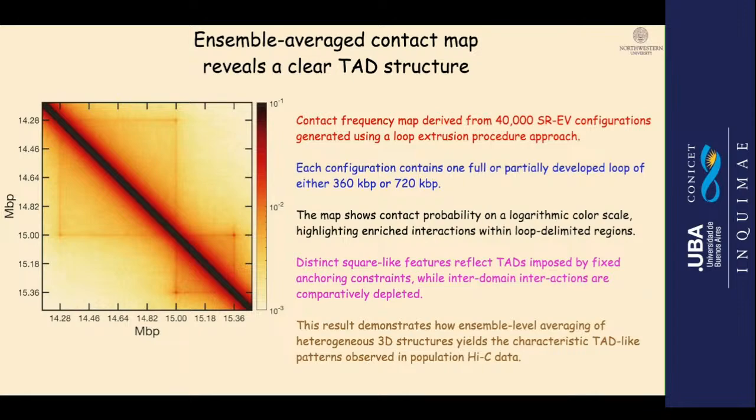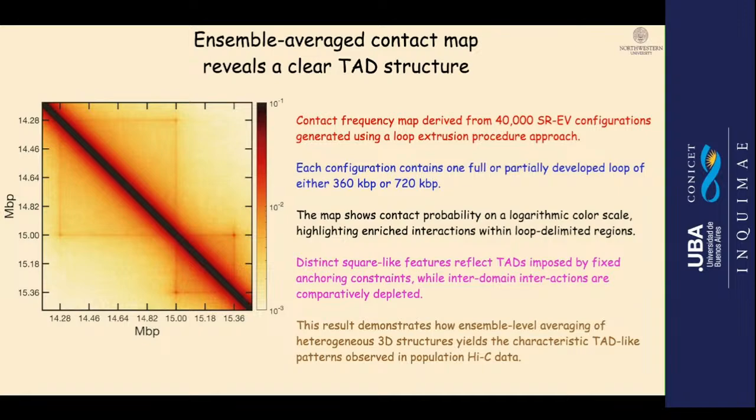The contact map uses a logarithmic scale to highlight enriched interactions. What emerges is a familiar pattern, like squares along the diagonal, with depletion of interaction between domains.